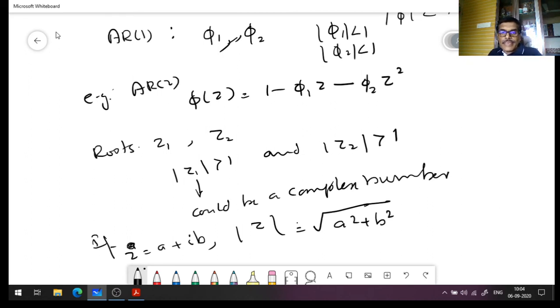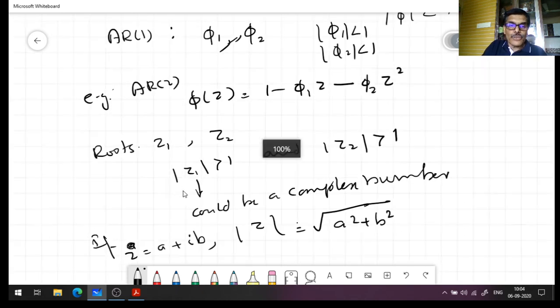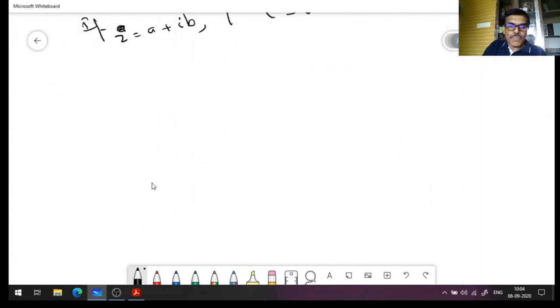Now, one can say that I can extend this and talk about general ARP and try to see that. So for ARP, how many roots will be there? There will be p roots, and for all these p roots, the absolute should be greater than 1 for that to be stationary.